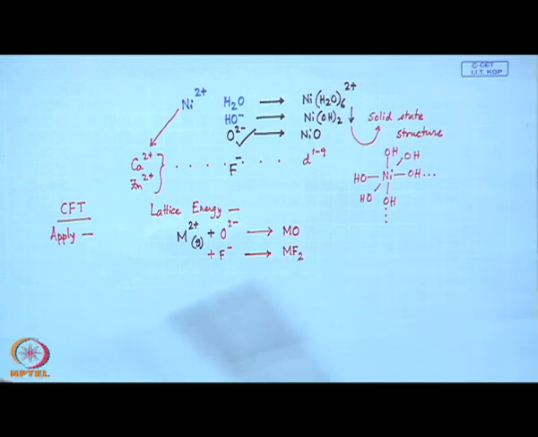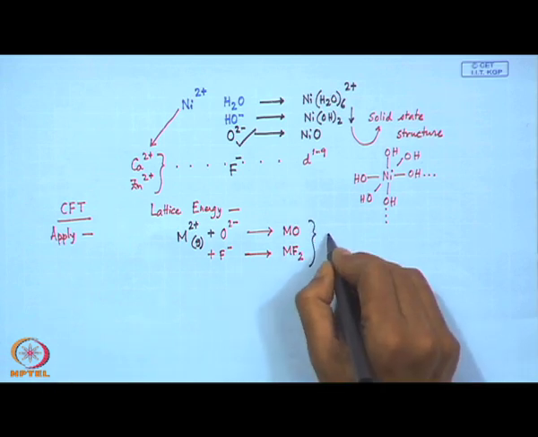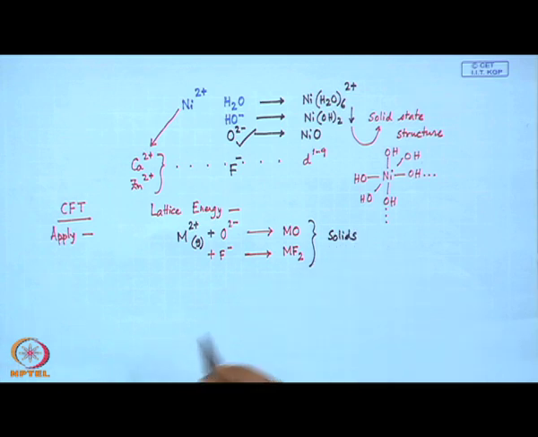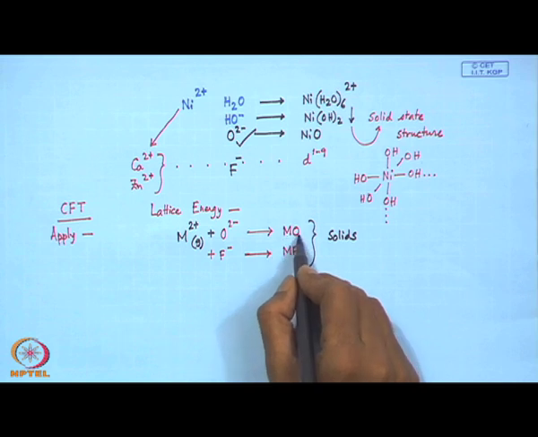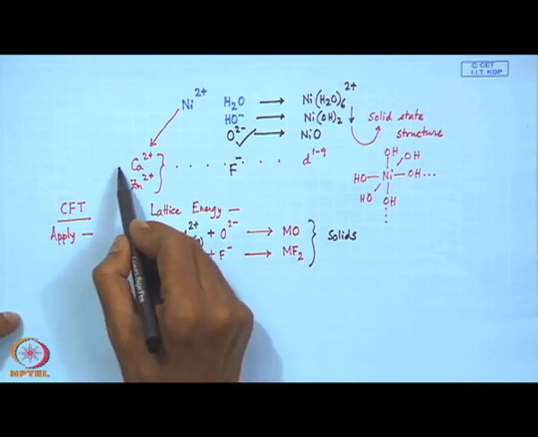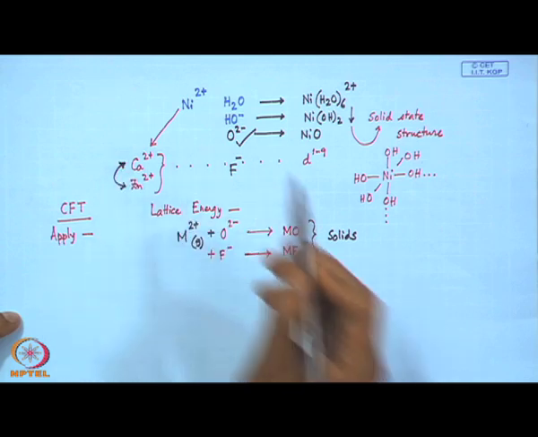They have certain specific solid state structures also. So, the molecular solids are formed where the interaction of the metal center with oxygen or with fluorine can vary if we vary this entire series from, say, calcium to zinc.